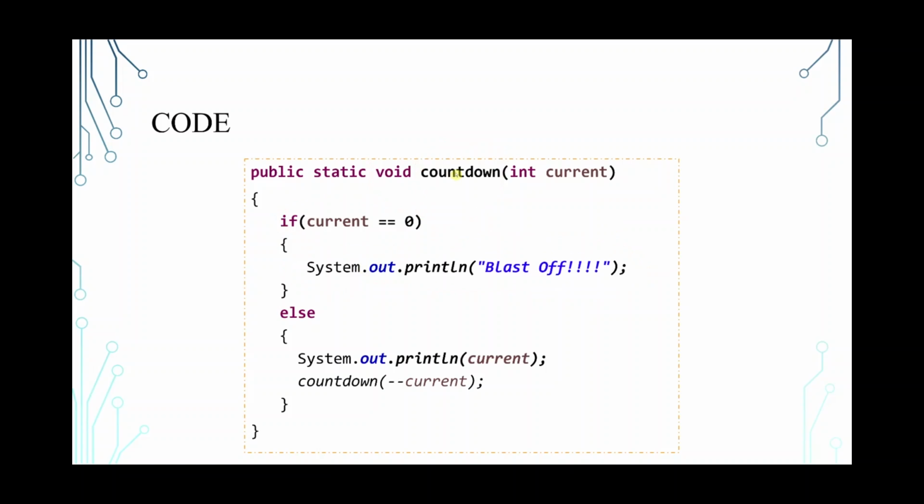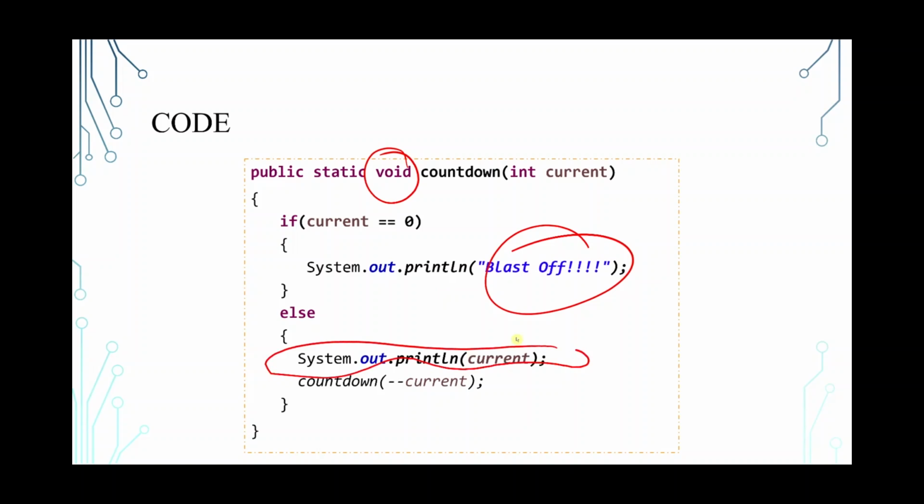For example, this function does not return anything, so it's a void function. It writes something. So it writes blast off on the screen when the counter is 0. But if the counter is not 0, we print the current count, and then call the function again with the decremented counter.